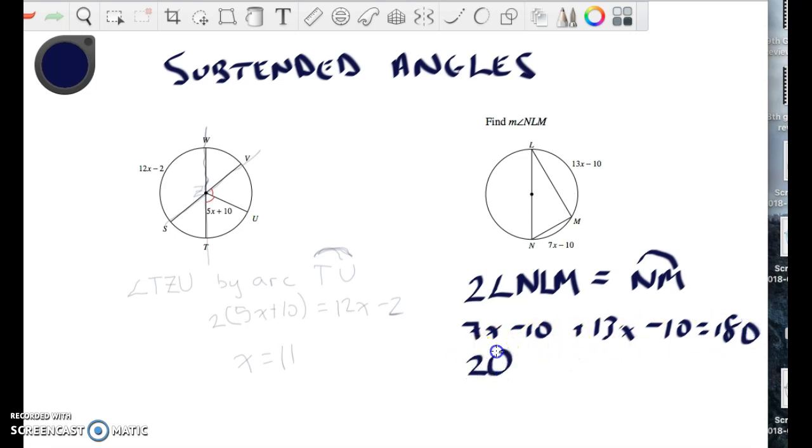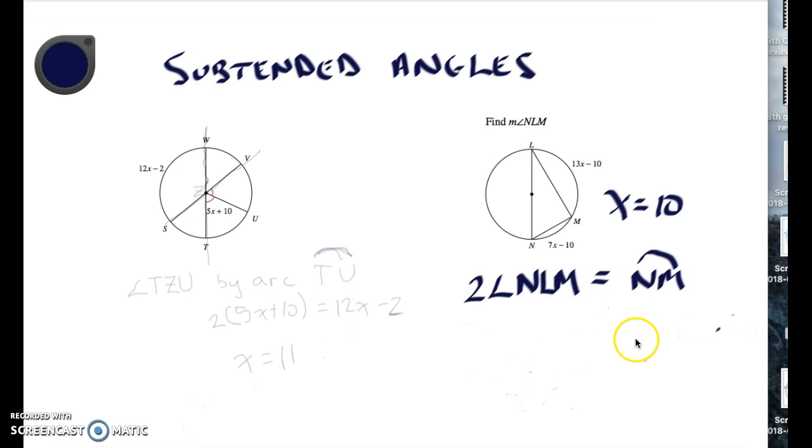So I get 20x, because I combine 7x and 13x, is equal to 200. We find out that x is actually equal to 10. So now we can go ahead and find out what we're supposed to find out, which is the measure of angle NLM. So let's go back to the beginning.